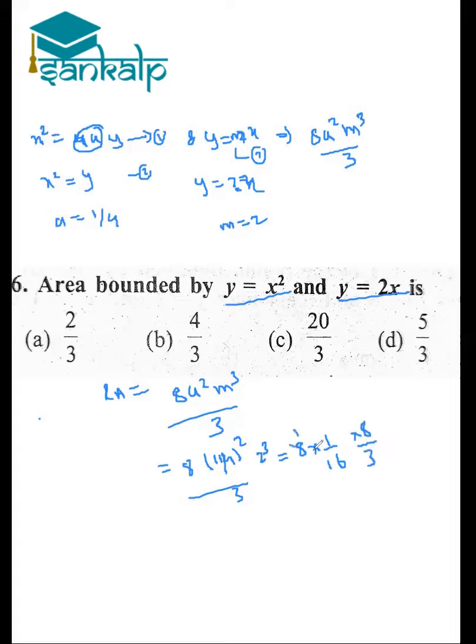On simplifying, 8 ones are 8, twos are 16, so 2 ones are 2, fours are 8, so the answer is 4 by 3. The right option will be 4 by 3, that is option B. So option B will give us the direct answer. We need to remember this result: 8a square m cube upon 3.